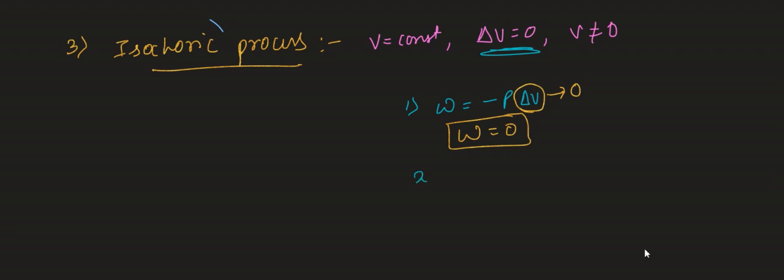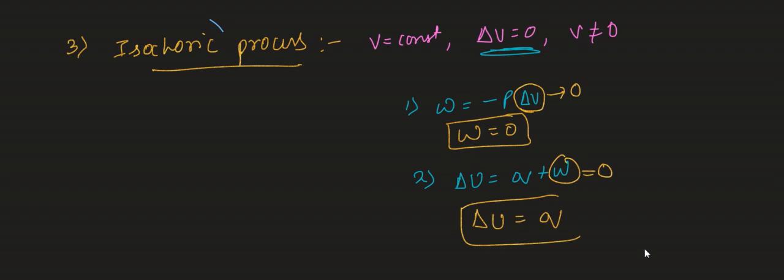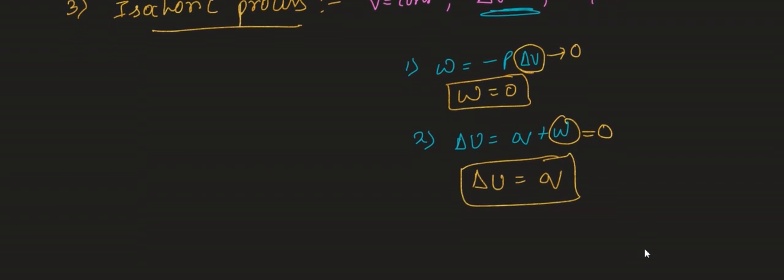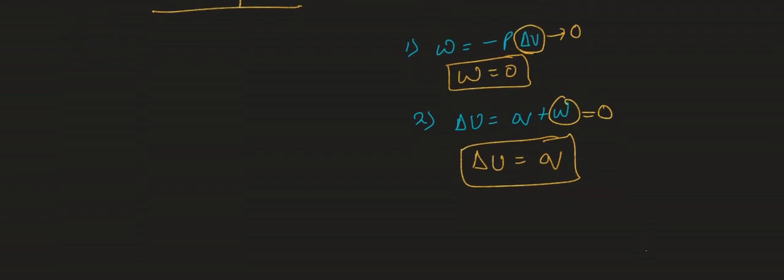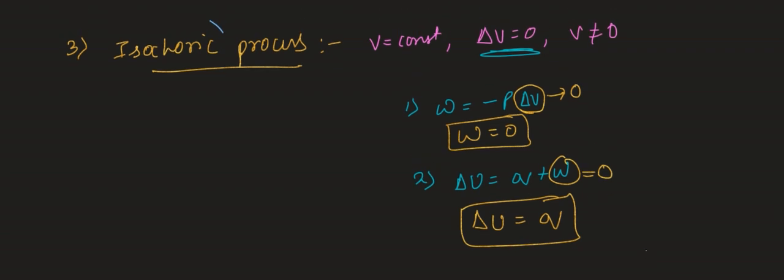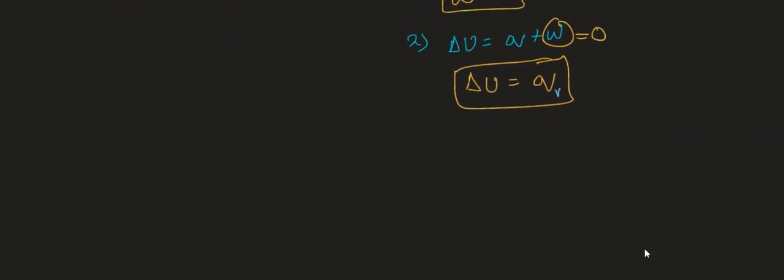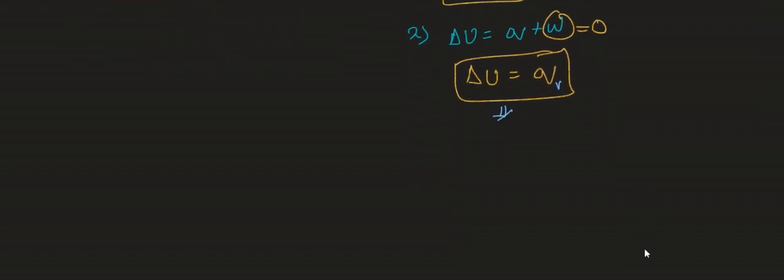So the second one is delta U is equal to Q plus W. Since in an isochoric process the work done value is 0, therefore you can say delta U is equal to Q. Delta U is equal to Q. So can I say this heat is supplied at constant volume? So I am going to write QV. From this, there is one definition you can create.